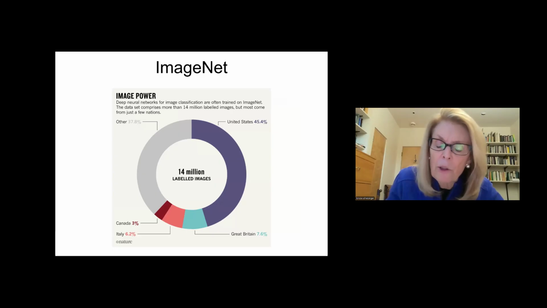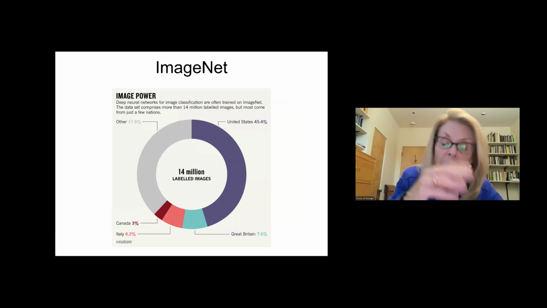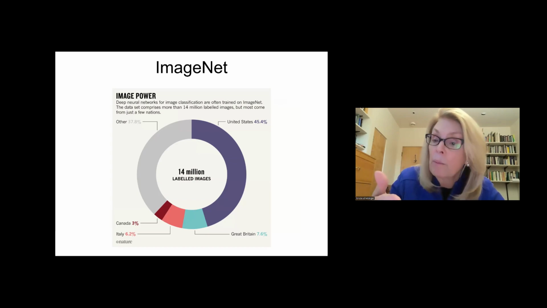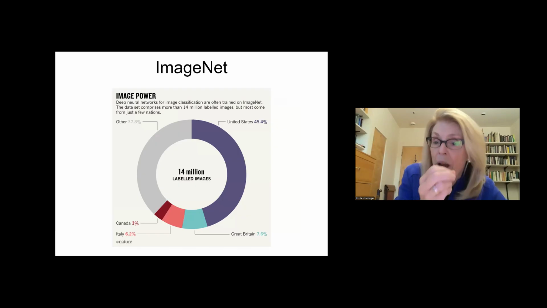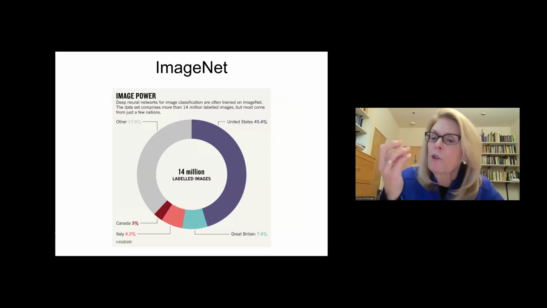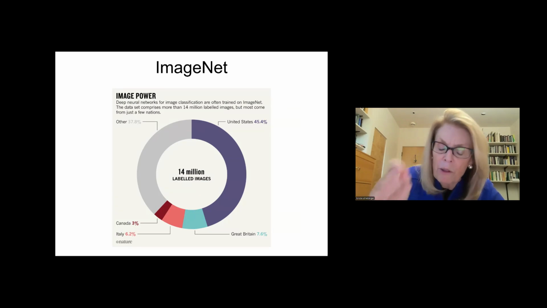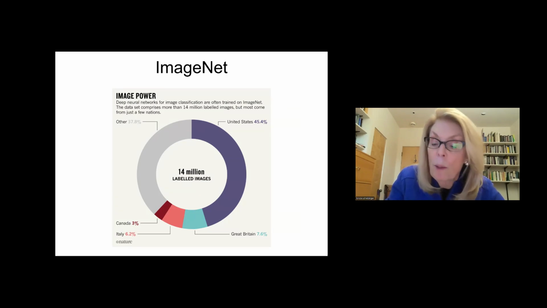A geographic analysis reveals that 45% of the images in ImageNet, the database fueling much computer vision, come from the US, even though people in the US represent only 4% of the world's population. By contrast, China and India together contribute just 3% of the data in the data set, but these countries represent 36% of the population. Again, it's a super important issue, but a single issue approach.